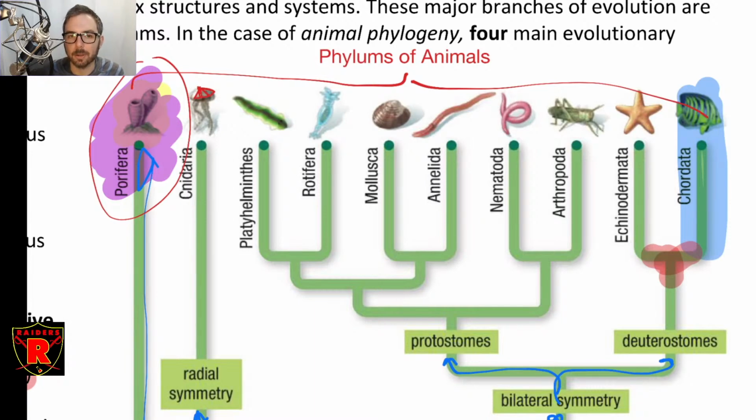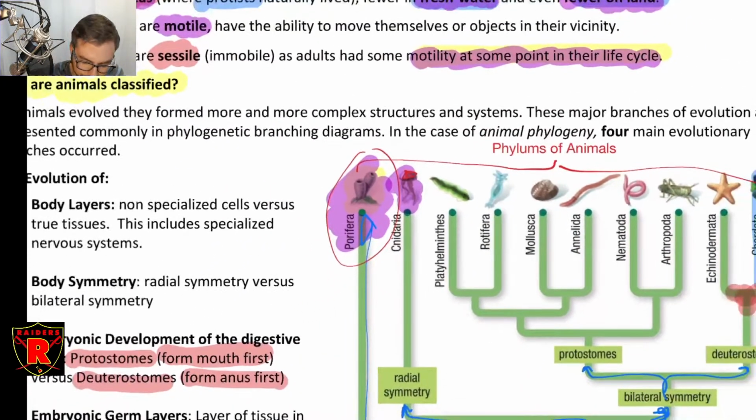But they are motile for part of their life cycle. The same thing is true for some cnidarians. So I'm kind of overgeneralizing here. Some cnidarians actually attach themselves to the seafloor, in which case they become sessile for a large part of their life cycle as well. But they all have a part of their life cycle where they're motile.